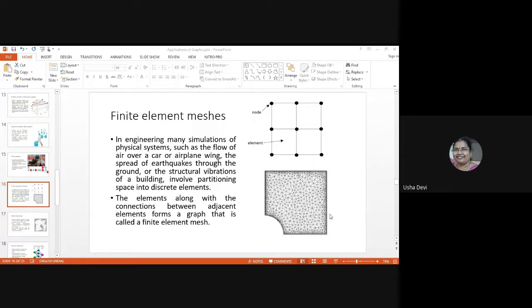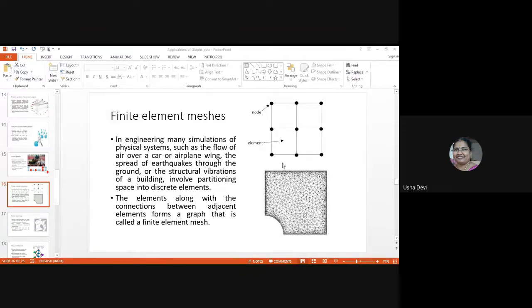In most of the engineering fields, we may use simulation systems, and those specify the flow of information. Examples are air over a car, an airplane wing, and the spread of earthquakes through the ground, which passes information from one element to another. These are called finite elements, and for that kind of application also we are using graphs.